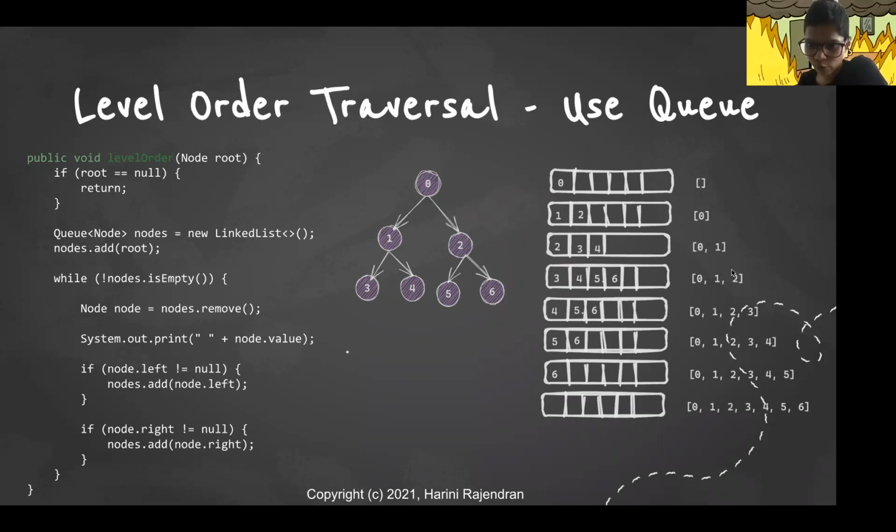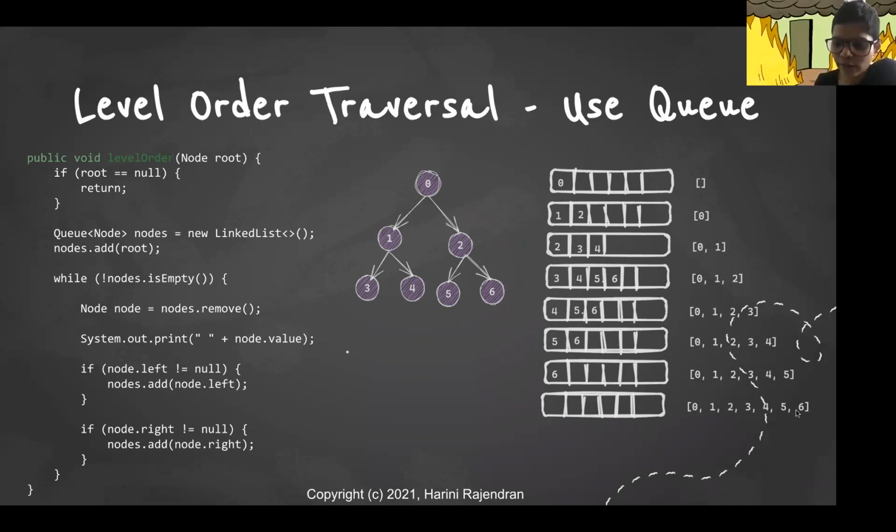In the next step, remove 2, add it to the result set, and add its children 5 and 6 back to the queue. Similarly, removed 3, added it to the result set. It has no children, so I'm not adding anything to the queue. And then similarly, removed 4, removed 5, and removed 6, but did not add anything back to the queue because none of them has any children.